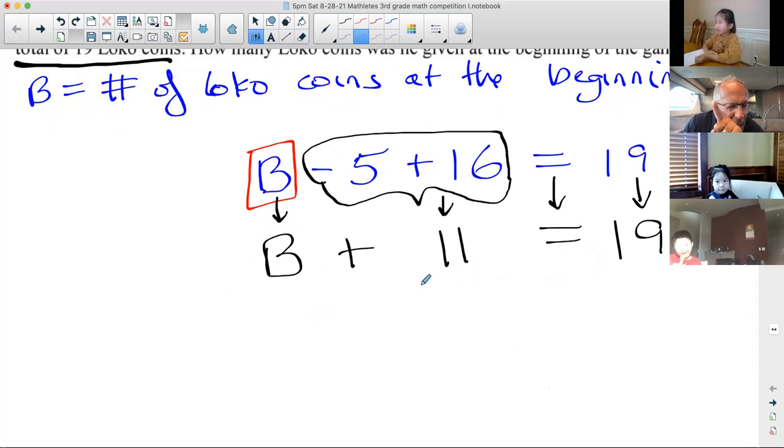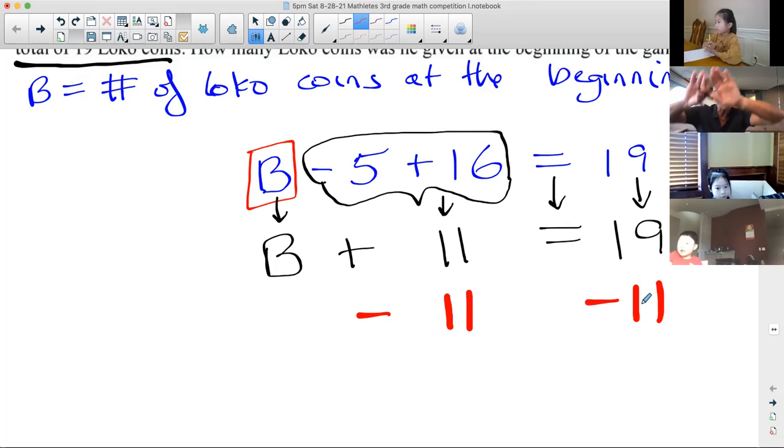Yes, but wait a minute. I want everybody to say it out loud. We're going to subtract 11, not just from 19, but from both sides. Everybody say, subtract 11 from both sides. Subtract 11 from both sides.